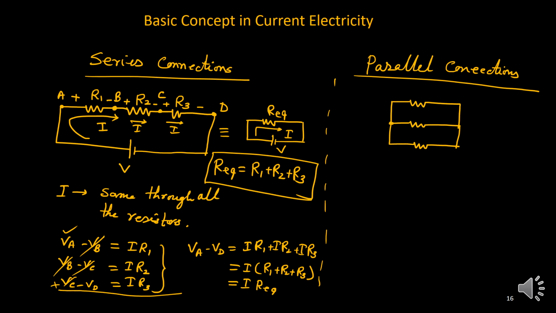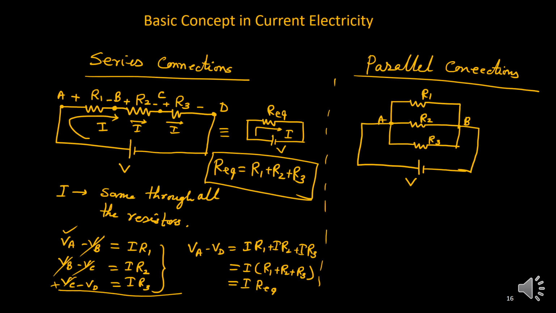So all the resistances are connected between these two points A and B. If I add one source between A and B, with supply voltage V, it will supply capital V voltage between A and B. Every resistance, R1, R2, R3, will get the same potential because the end points are the same.